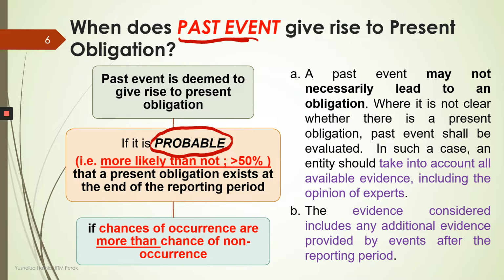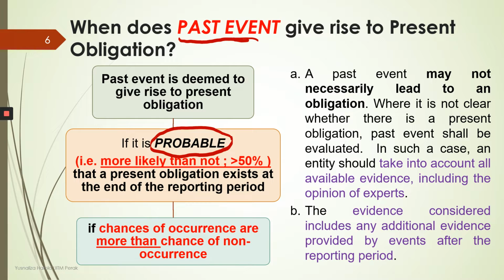The word probable means you are not sure, but the chance that it will happen is 50% or more. The chance that there will be a present obligation by the end of the reporting period is more likely than not, which is more than 50%, say 60%, 70%, 80%. If you are held liable, there is a 50% chance or more that our company will be held liable for the obligation that we have involved ourselves with.